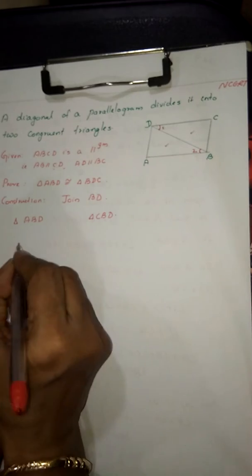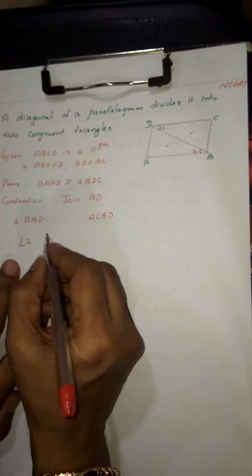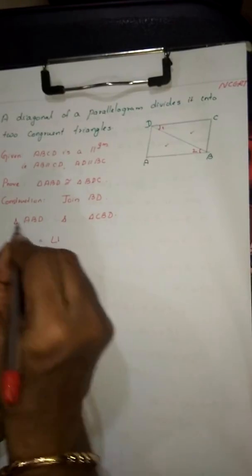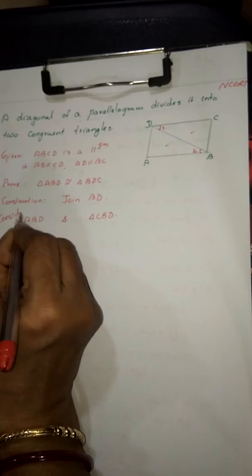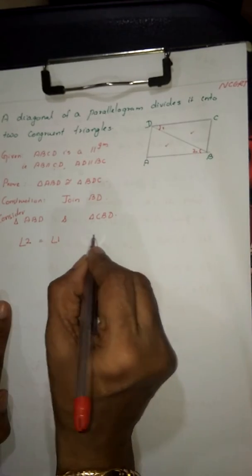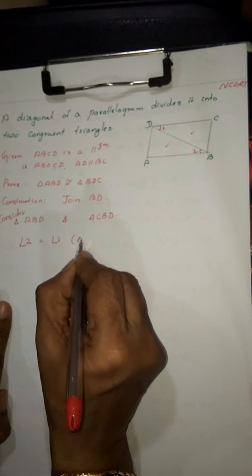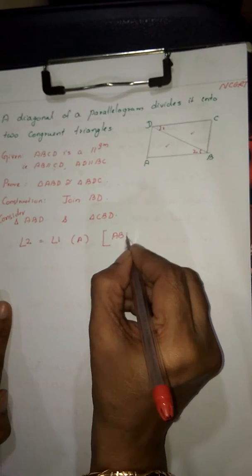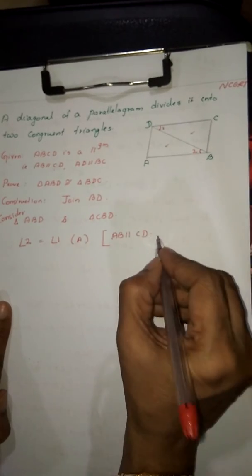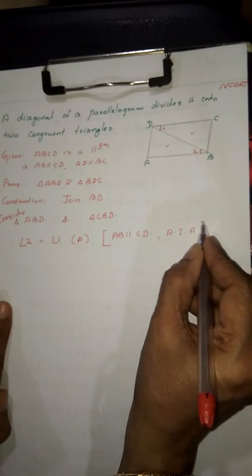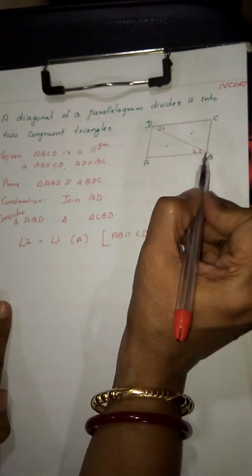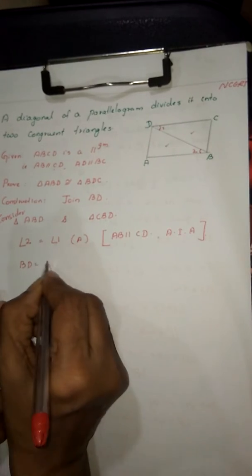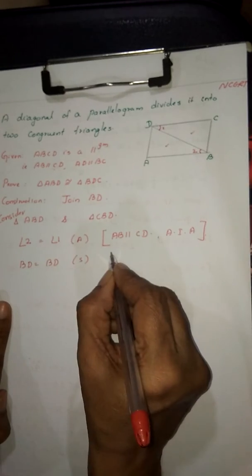So angle 2 is equal to angle 1. The reason is AB is parallel to CD, alternate interior angles are equal. Now BD equals BD, it is a common side.